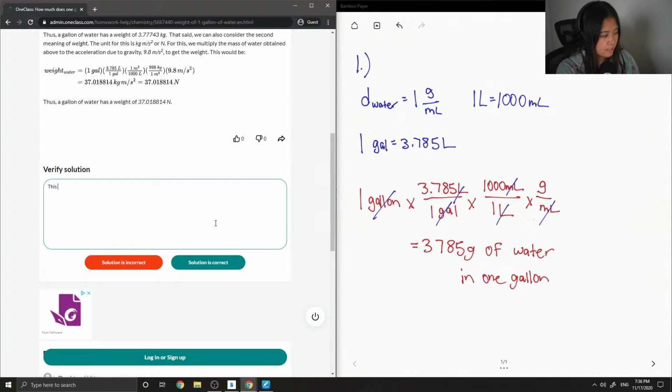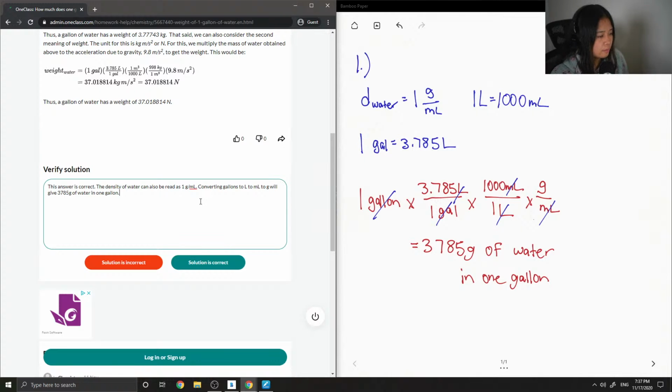Okay, so I'm just going to say this answer is correct. I'll also just add that the density of water... Okay, I just kind of wrote out what I did.